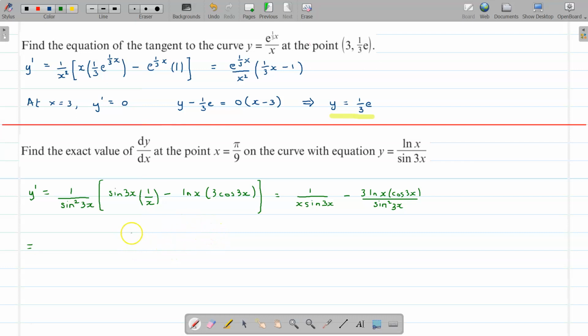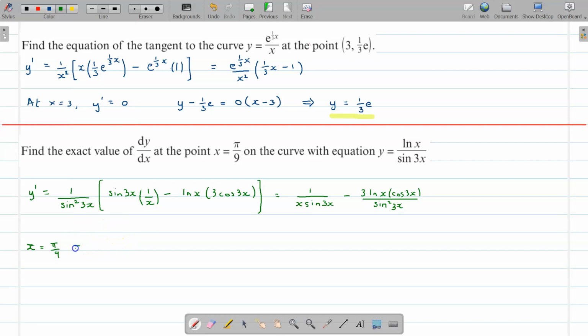So when x equals pi by 9, let's put that in. Okay, so x equals pi over 9. We can now substitute it in.